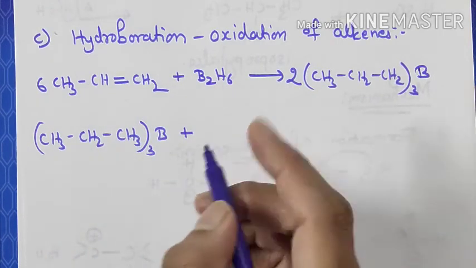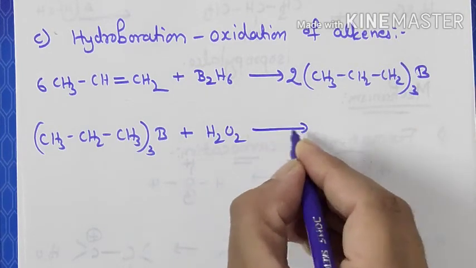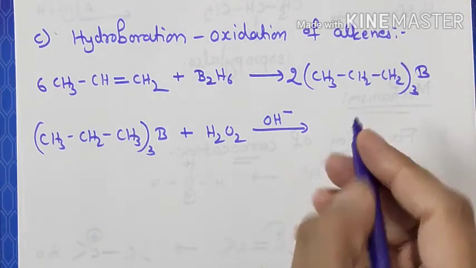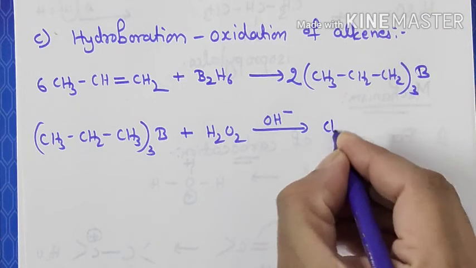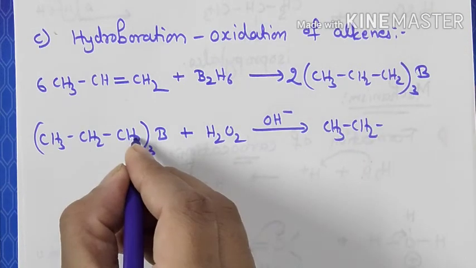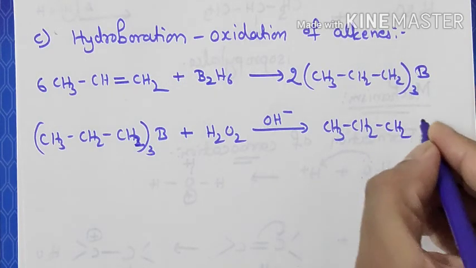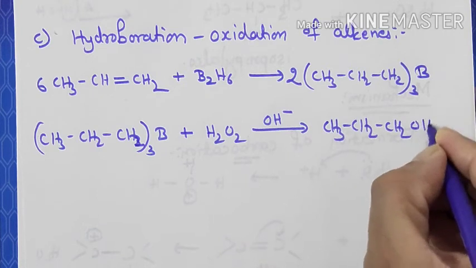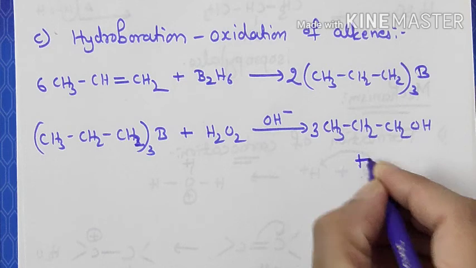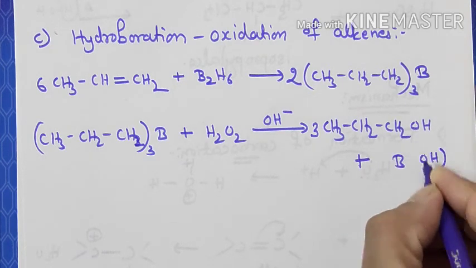And now we do oxidation, and in oxidation we treat this with H2O2, hydrogen peroxide, in basic medium, that is OH minus. What is the product formed? The product is CH3CH2CH2OH. Here it is 3 moles, so I'll write 3 with B(OH)3.